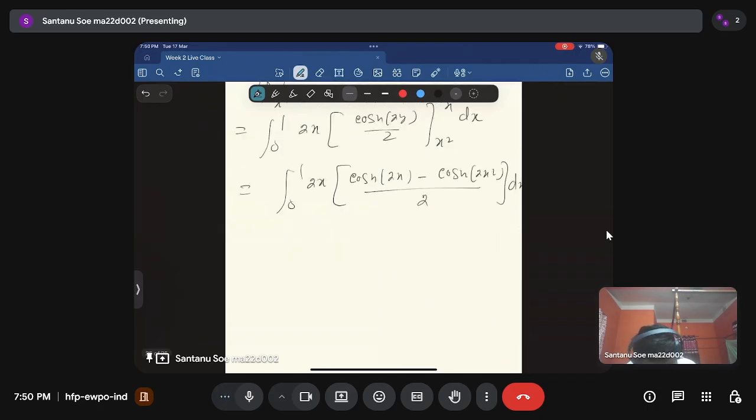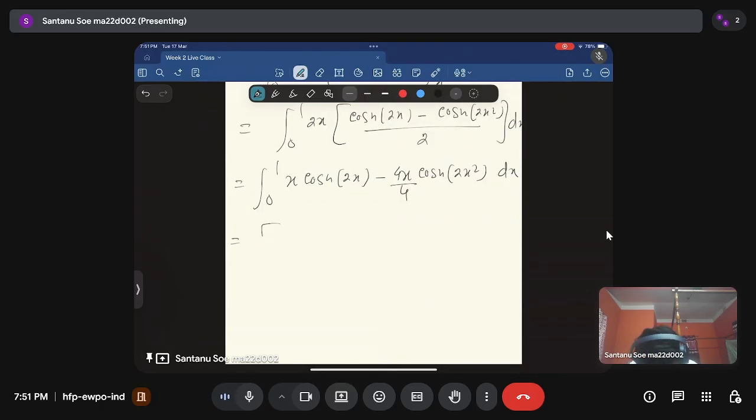Okay, so this is 0 to 1, x cos hyperbolic 2x minus x cos hyperbolic 2x square dx. So now we can multiply by 4 and divide by 4.